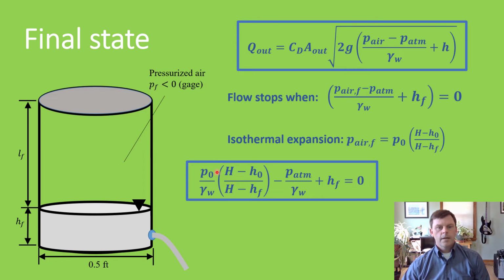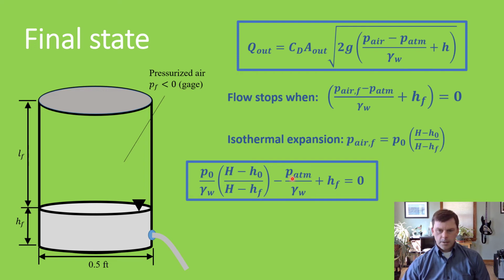And you notice that of the things in this equation, we know the initial pressure, we know the gamma of water, we have the overall height of the container, which is 1.1 feet, I believe. The initial height of the water is 0.8 feet. Atmospheric pressure is 2,000 pounds per square foot. The initial pressure is 2,300 pounds per square foot absolute for the air. And the only other unknown in this equation is therefore the final water elevation.